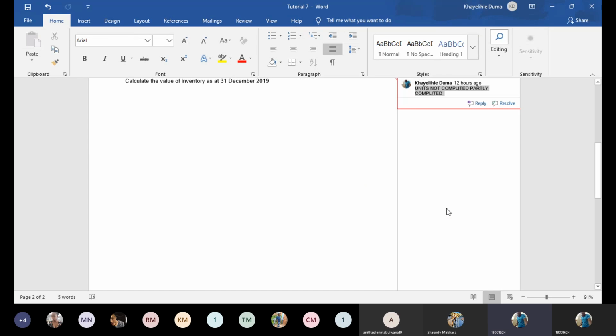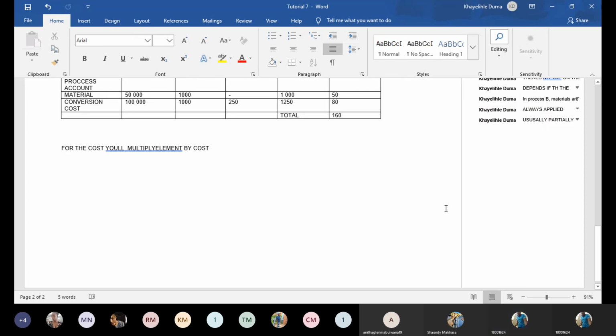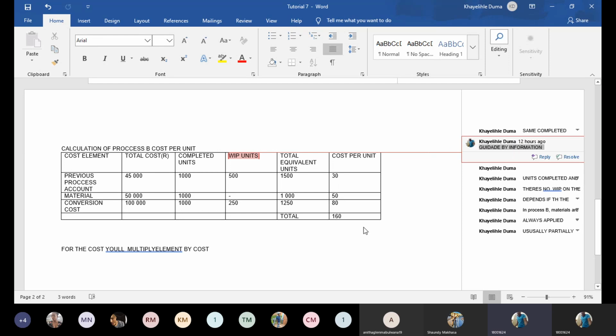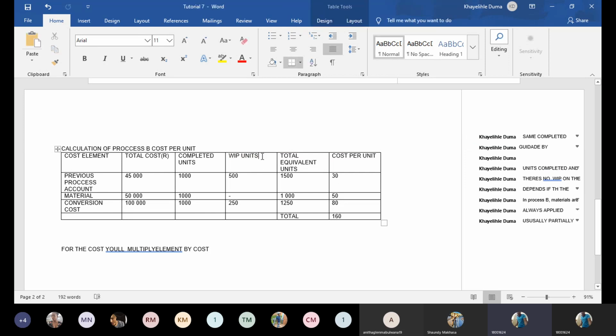So guys, the only thing that is hard here is this column. Not even hard, just that you have to pay attention to it. It's this column only. You'll be guided by the information. And that's it as far as process costing is concerned. As far as this tutorial is concerned, it's not hard. It's not difficult. Just understand.